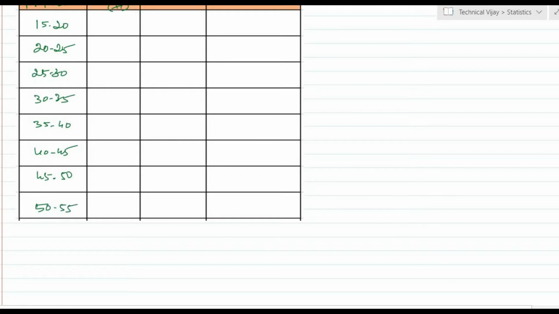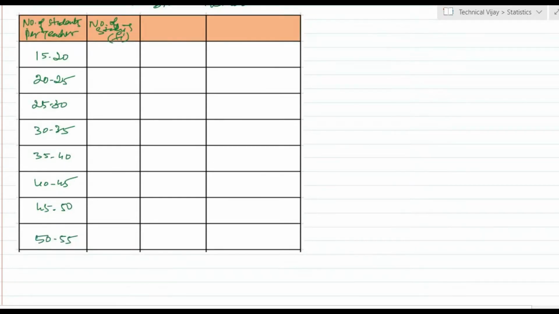And the number of states is 3, 8, 9, 10, 3, 0, 0, 2. Now Xi, the class mark, is equal to the upper limit plus the lower limit divided by 2.